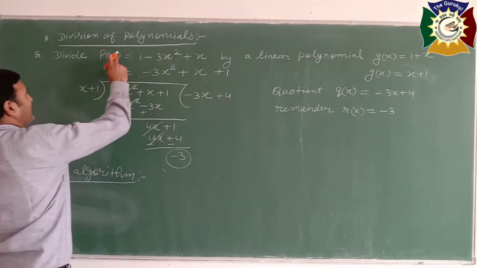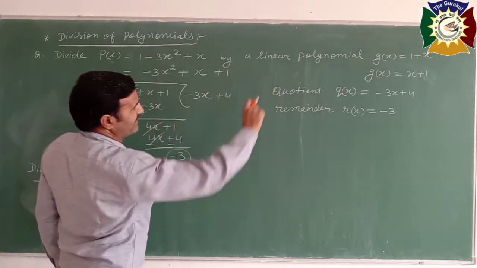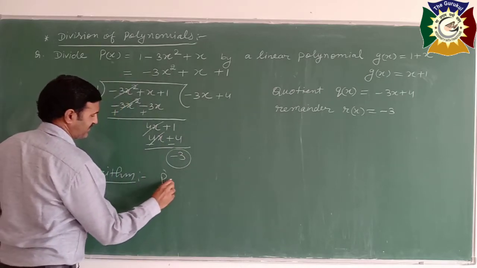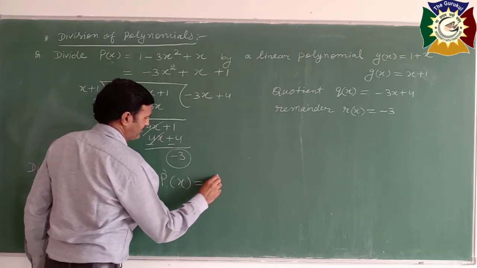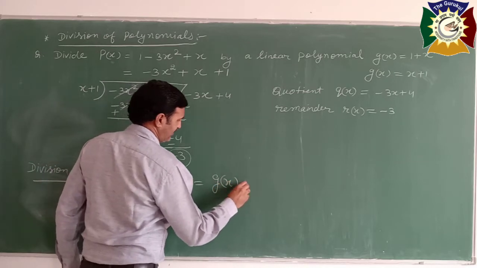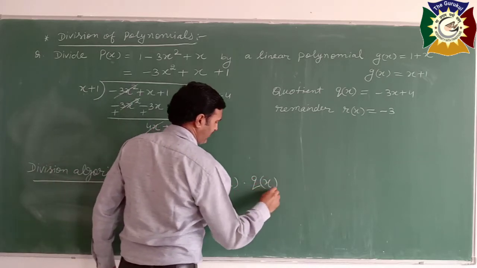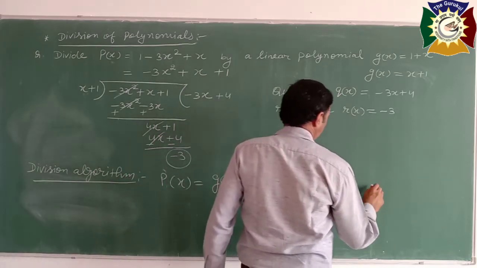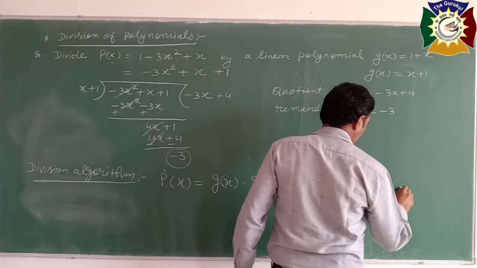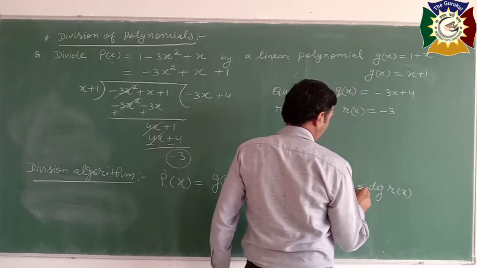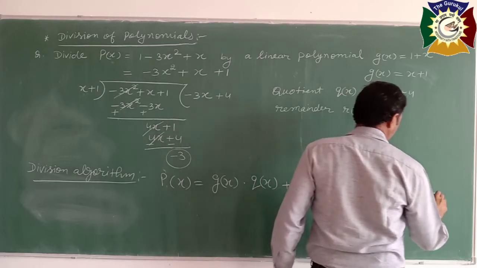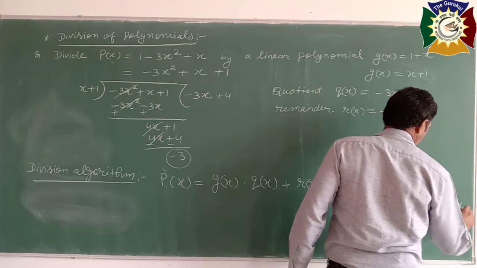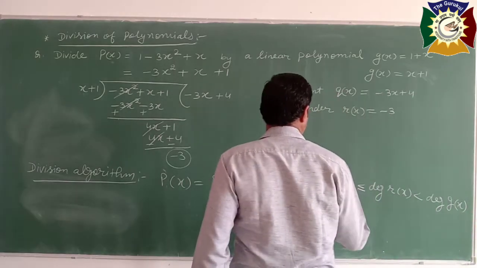If dividend is p of x, divisor is g of x, quotient q of x, and remainder r of x, then dividend is equal to divisor into quotient plus remainder, where the degree of the remainder should be greater than or equal to 0 but less than the degree of g of x, the divisor. This is the condition.